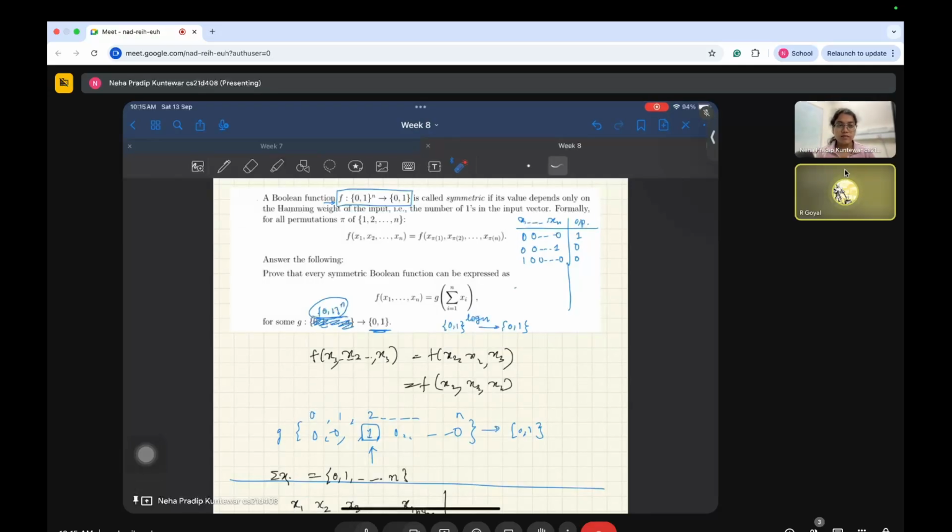the binary equivalent of the 100. So in this case, don't we have f and g both as the same functions? On the left hand side, you are representing 100 in terms of the binary, and on the right hand side you are applying a g function over the binary equivalent of the value 100. So both f and g are the same functions.